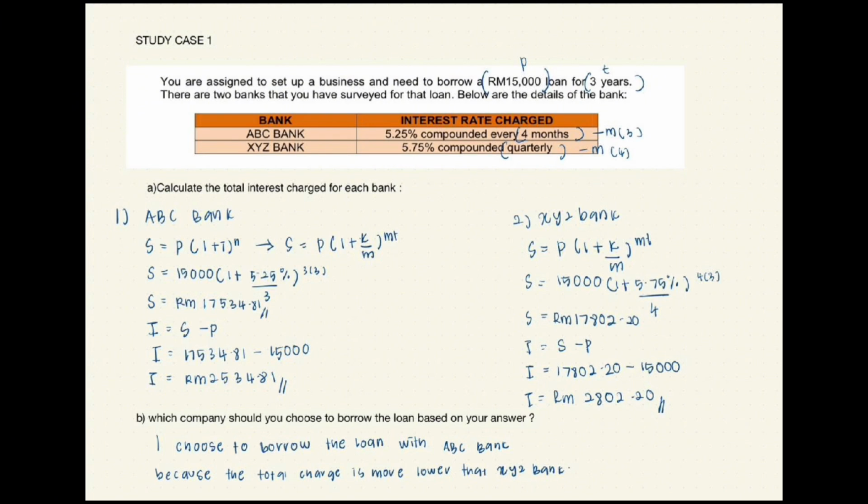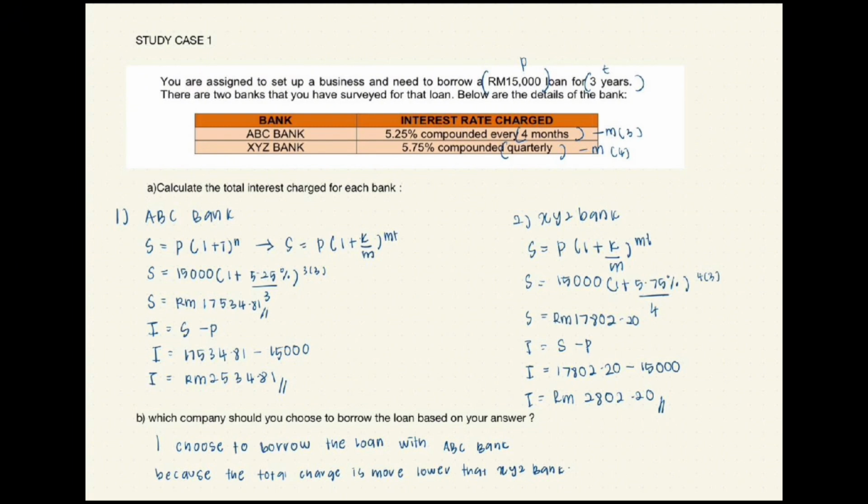The next is XYZ Bank. We just use the same formula from ABC Bank, which is S equals P bracket 1 plus k per m, power of mt. Then we put all the numbers in the formula, which is S equals 15,000 ringgit in bracket 1 plus 5.75% per 4, power of 4 in bracket 3. For the total, S equals 17,802 ringgit 20 cents.